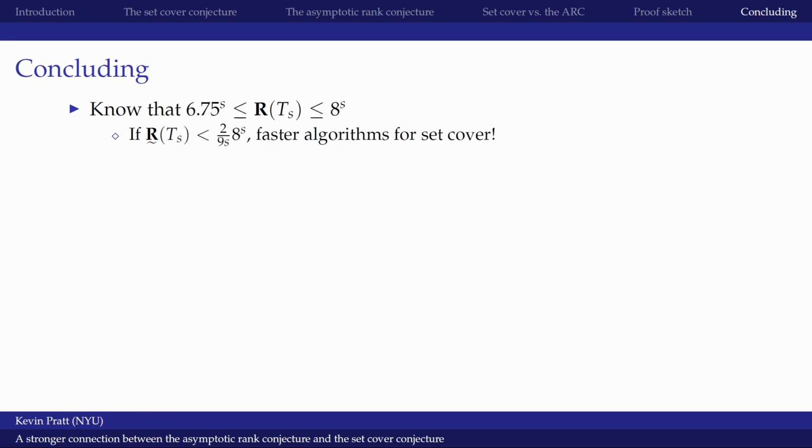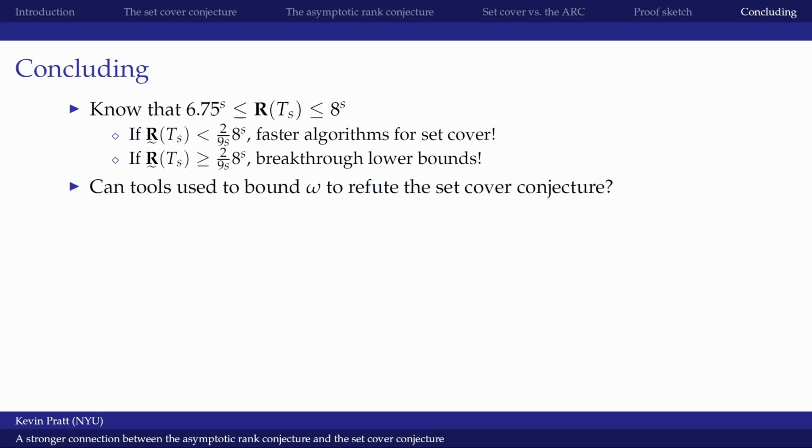And this would break the set cover conjecture. So you only need some slight improvement to this upper bound to break the set cover conjecture. And if this is not possible, then this is some breakthrough lower bound in arithmetic circuits. So in either case, there's something interesting.